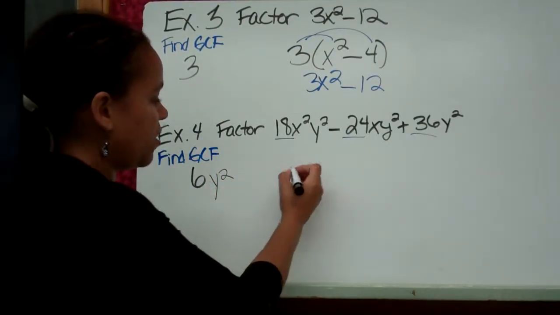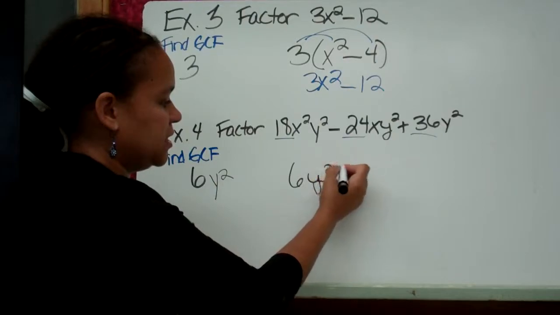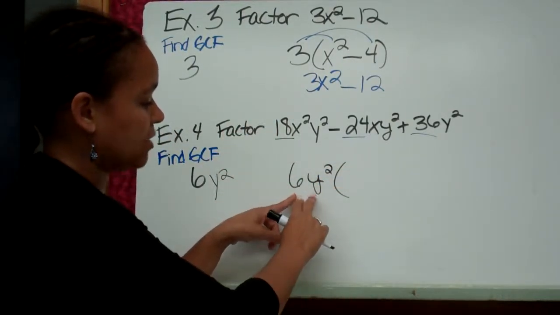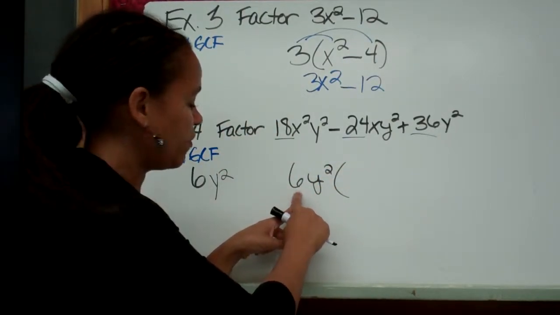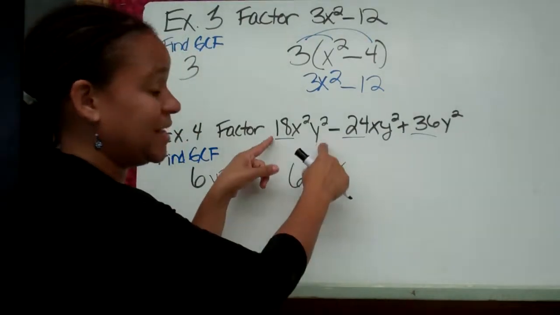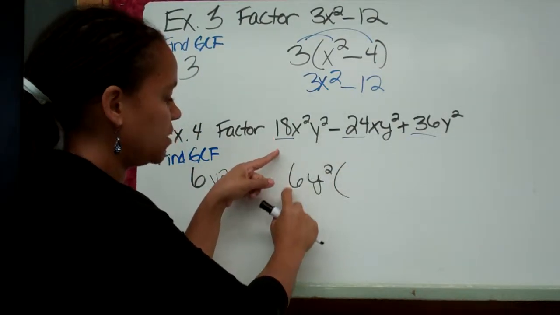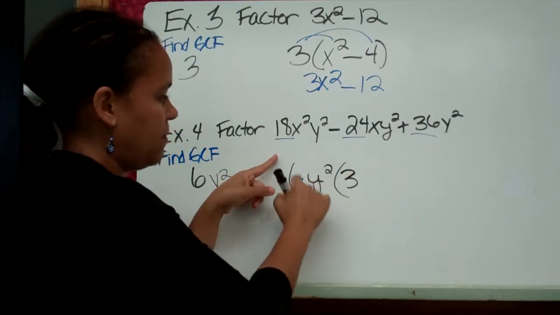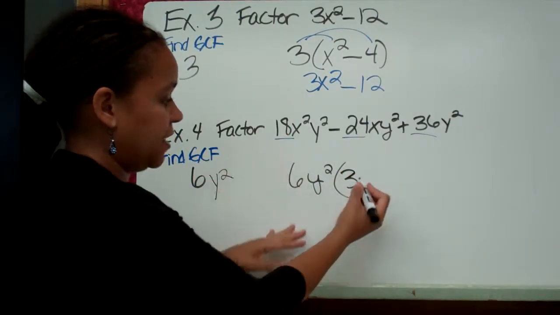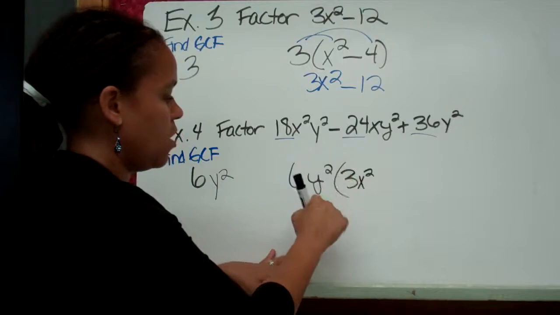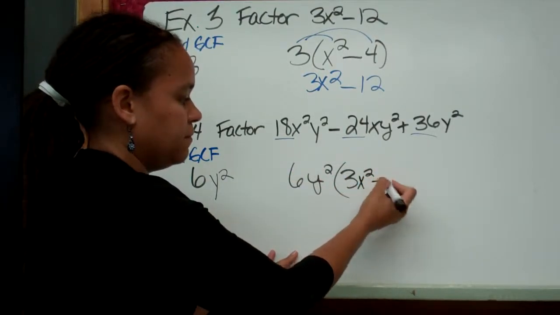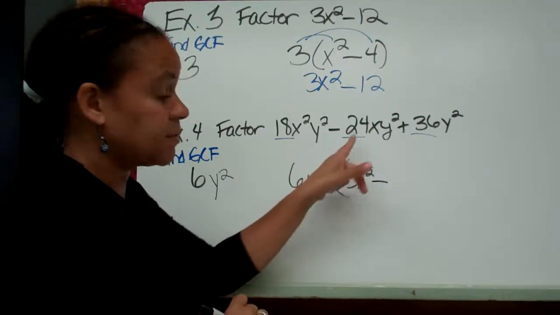With 6y squared, if we take that on the outside of the parentheses, we're going to divide it out of here, or ask ourselves, what do you have to multiply 6y squared by to get back to this first term? Well, 6 times 3 would give me back 18. I don't have an x squared, so I need an x squared here. Y squared is already there, don't need it. 6 times what would give you 24?